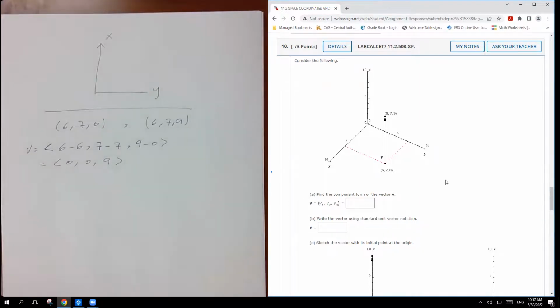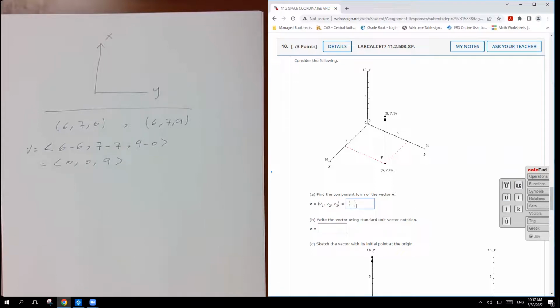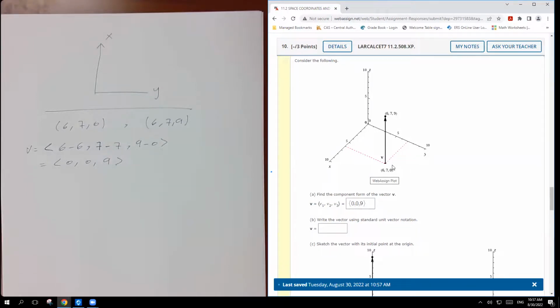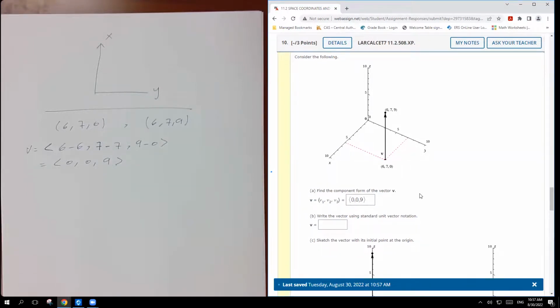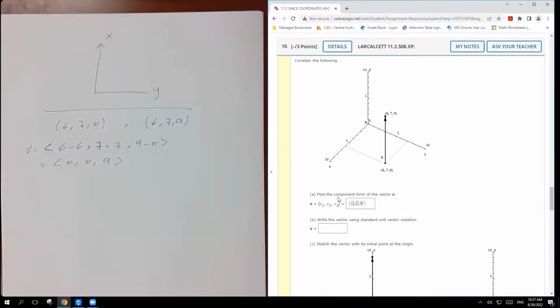So if you look at this vector, let's write down the component form as a vector. That means it's going to be 0, 0, 9. So here's the component form of this vector V. The second one, what do you have to do?